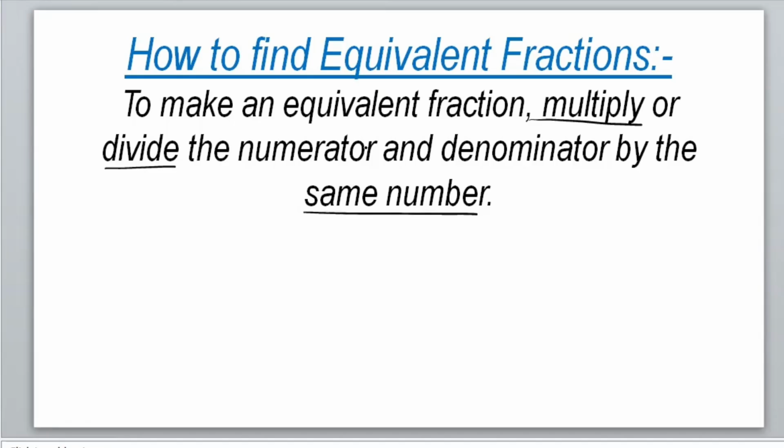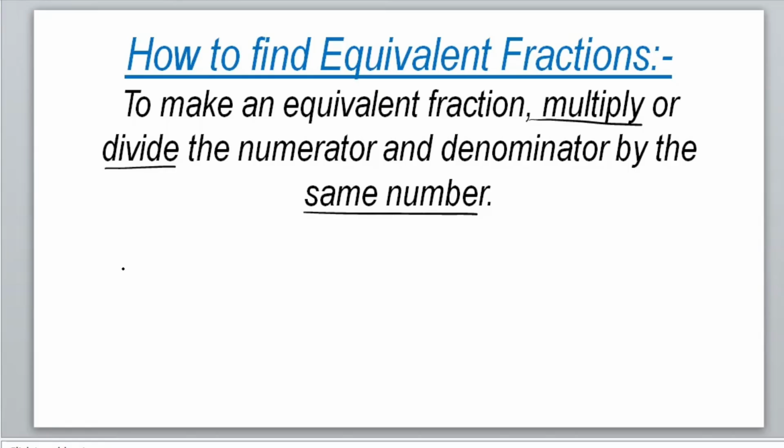Just remember that whenever we have to find an equivalent fraction, we use multiplication or division by the same number. Okay, let's take some examples.